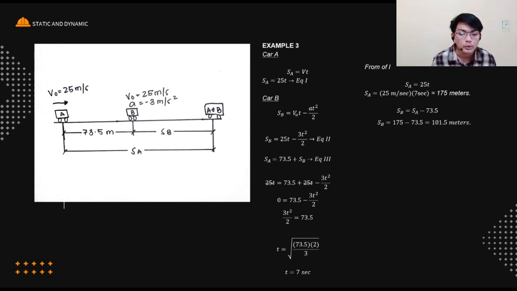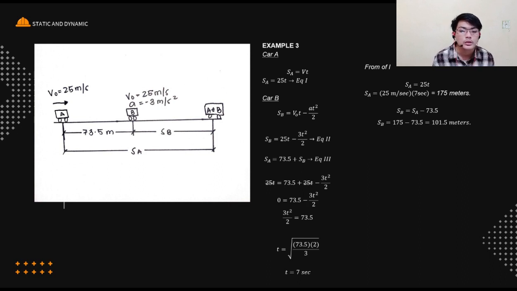Now moving further along, let's focus on equation number 3. So now we have SA equals 73.5 plus SB. We know that our distance SA is equal to 25 multiplied by t, and our SB is equal to 25t minus 3t squared over 2.